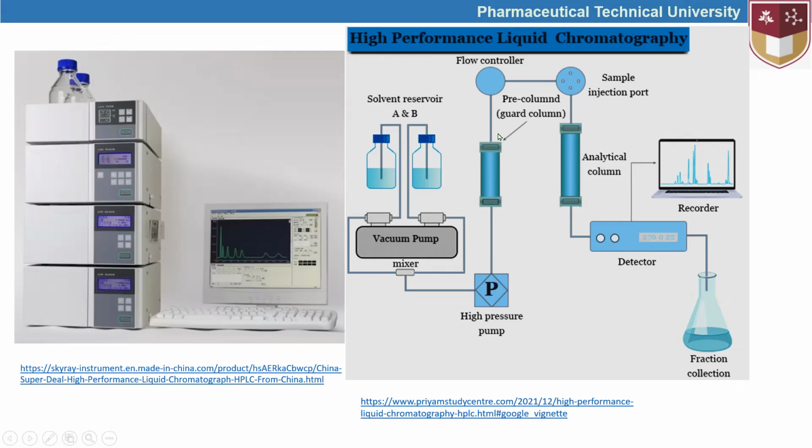There can be a pre-column, let's say a degasser, for example, and then they are given to the analytical column together with the studied sample. In the analytical column, the compounds in the studied sample are separated from each other while they are subjected to sorbent, something like silica gel holding octadecyl derivatives.